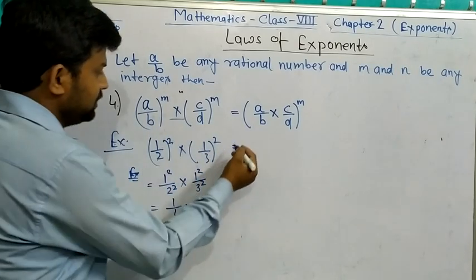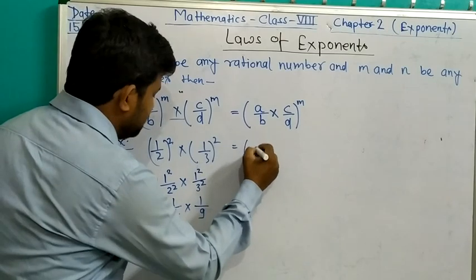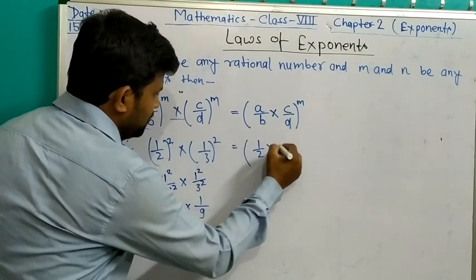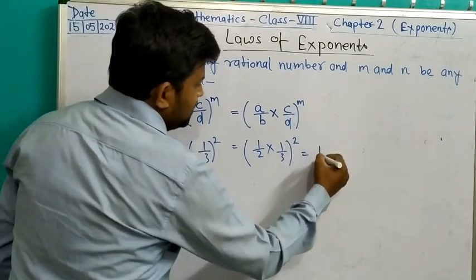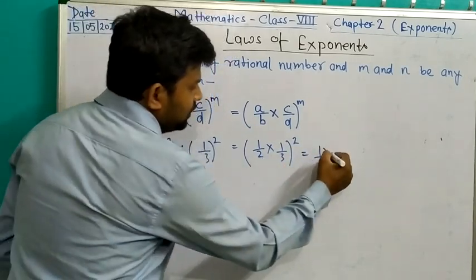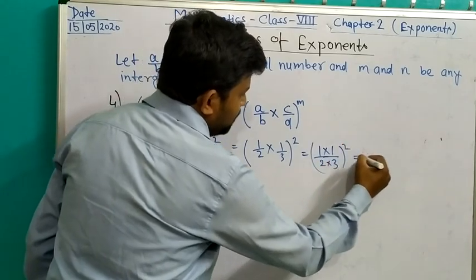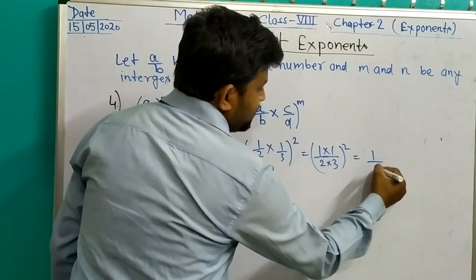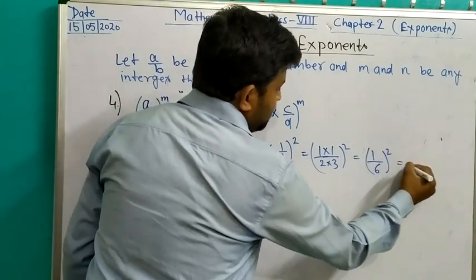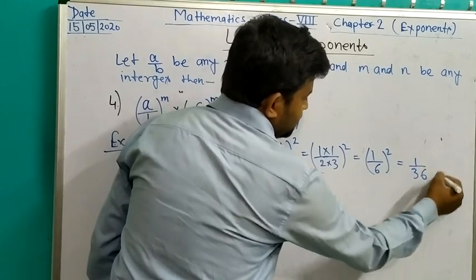And when we apply this property, we write (1/2 × 1/3) whole to the power 2. It means (1×1)/(2×3) whole to the power 2, which is (1/6)^2. Square of 1 is 1, square of 6 is 36.